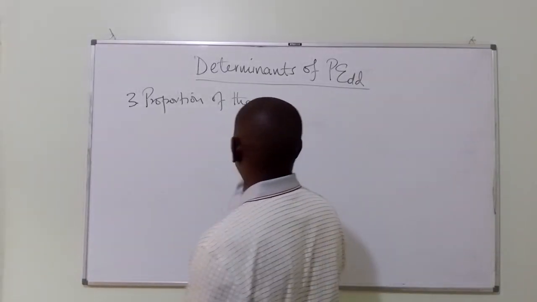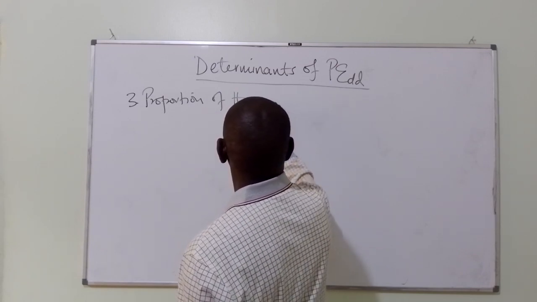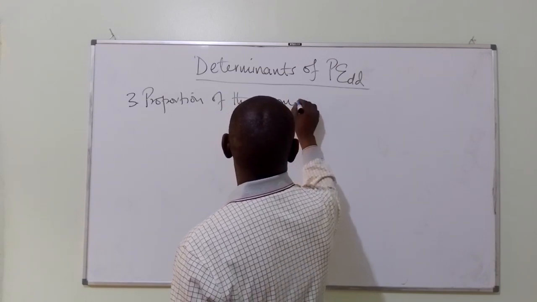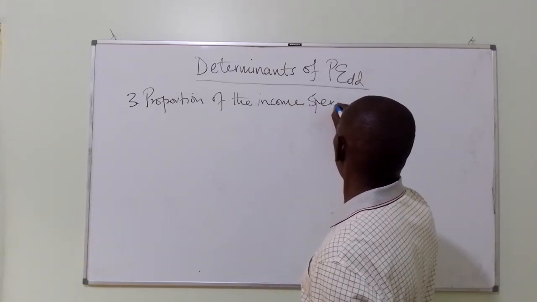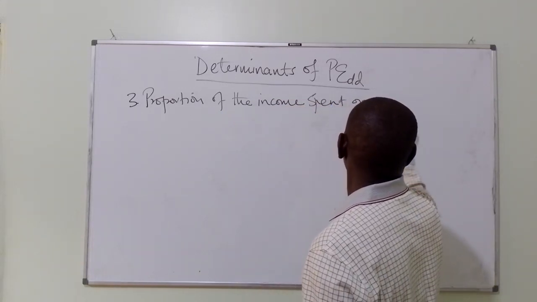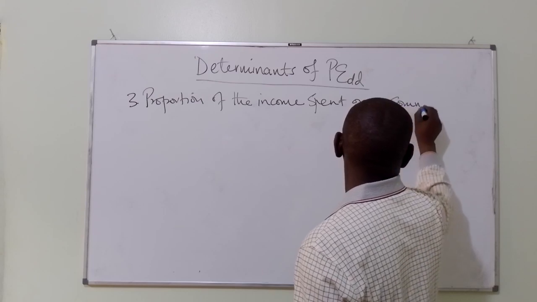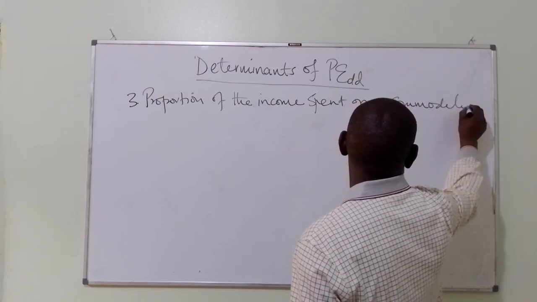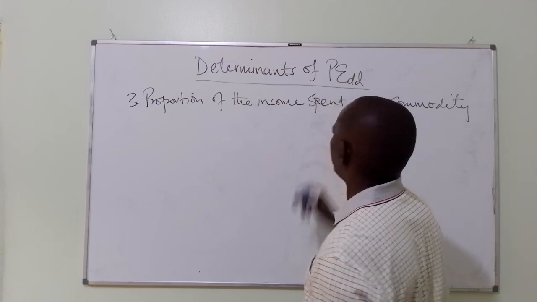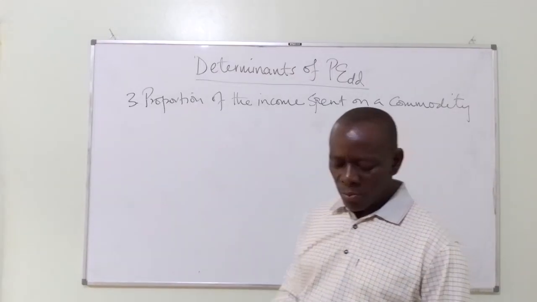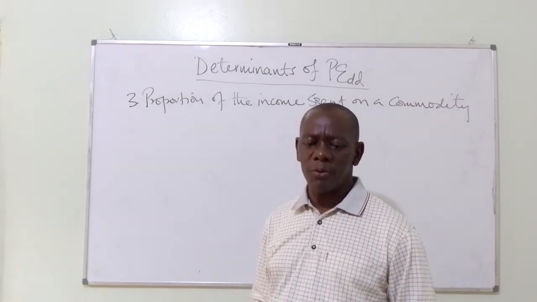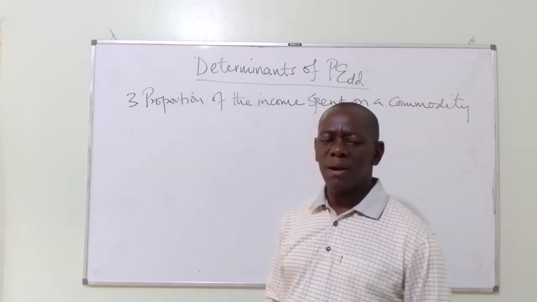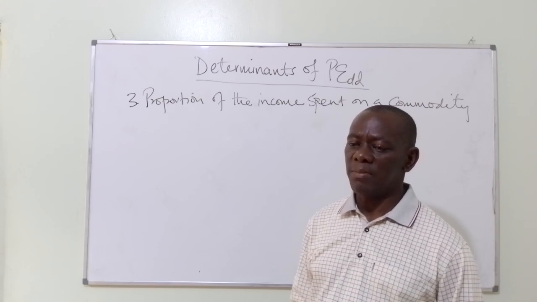Sometimes we forget, but it is the proportion of the income spent on a commodity. And we say commodities where you spend a big amount of money tend to have elastic demand.